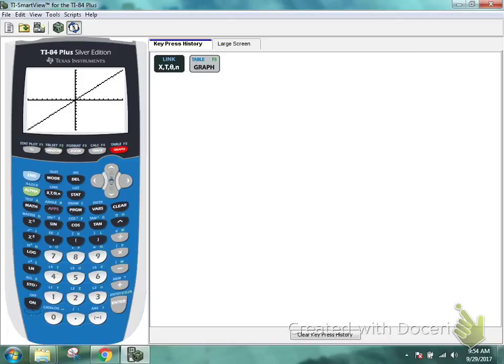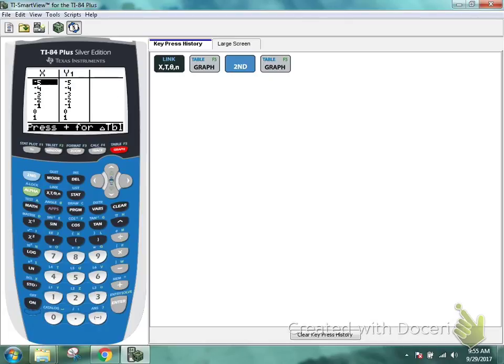Remember how last chapter we would say, okay, what's the y-intercept, what's the slope, all of that? For the most part, those days are over, because watch what I'm going to do next. See this second button? When I hit second, I'm going to hit graph again, and that brings up a table of values.